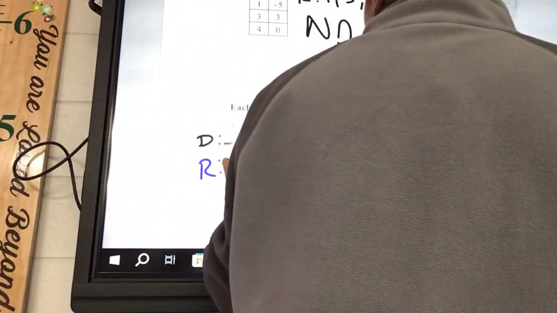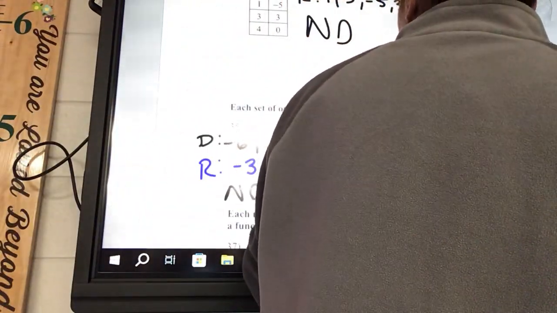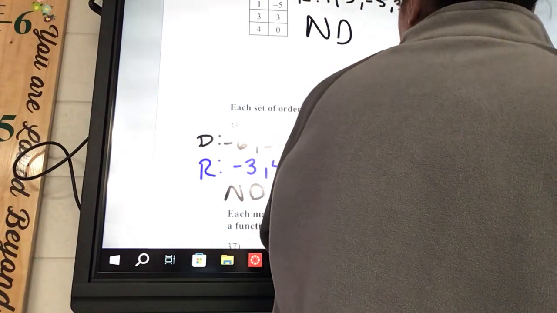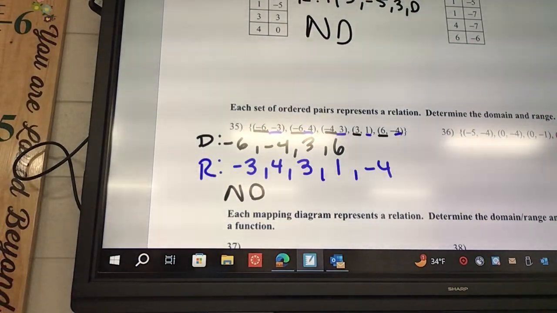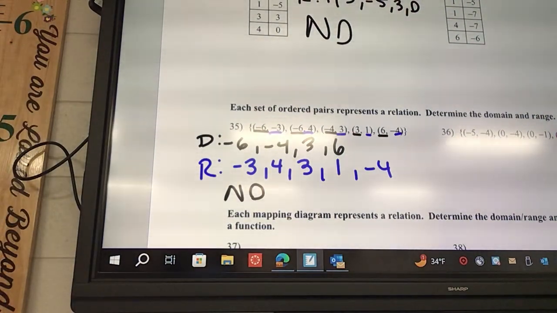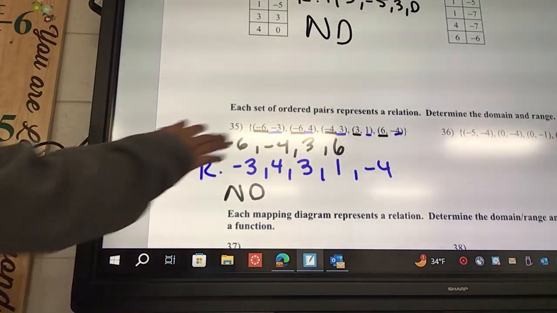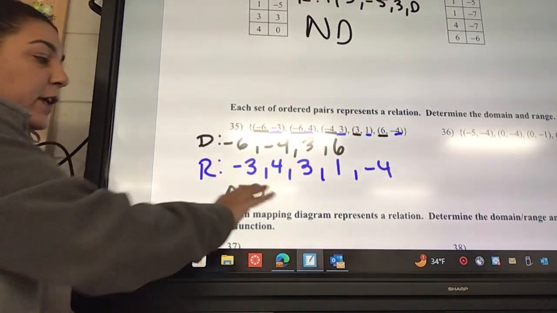For the range, I got -3, 4, 3, 1, and a -4. So all the second pieces of those. And again, because the x's repeated, my answer is going to be a no.